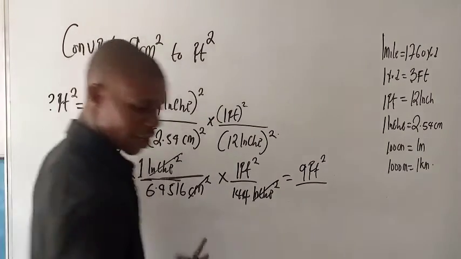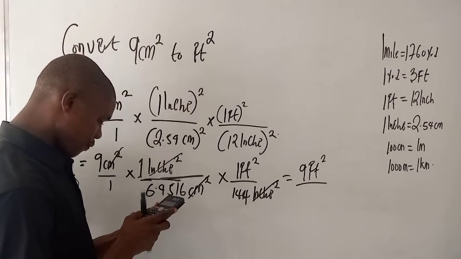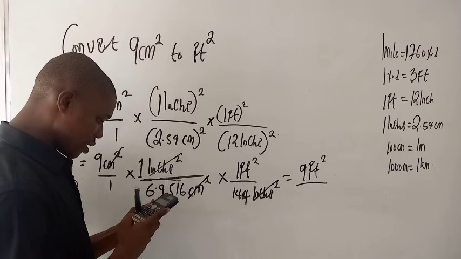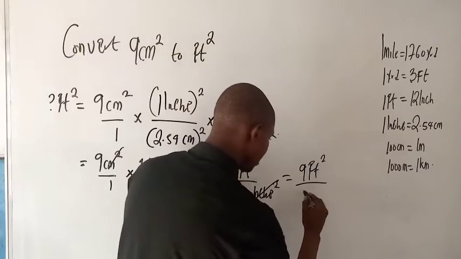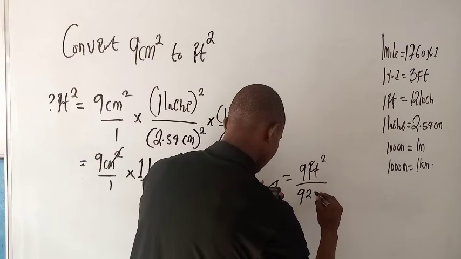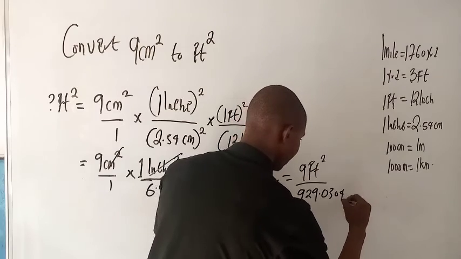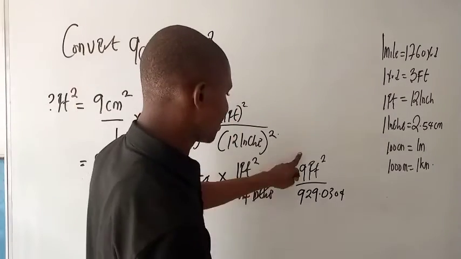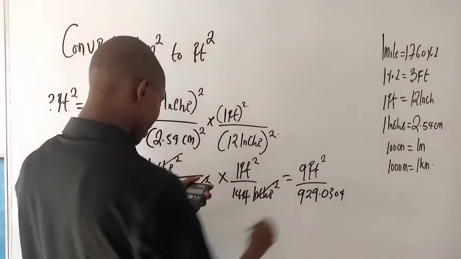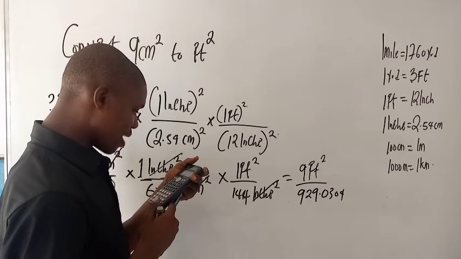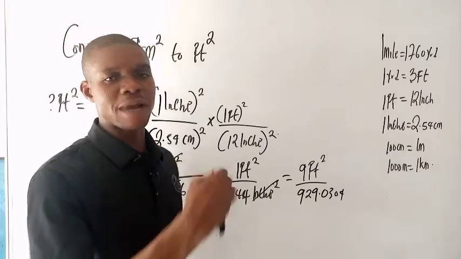Let's punch our calculator: 144 times 6.4516 is 929.0304. Now this divided by this, so 9 divided by this one, I have 9.68. You can leave your answer in 2 decimal points and above.